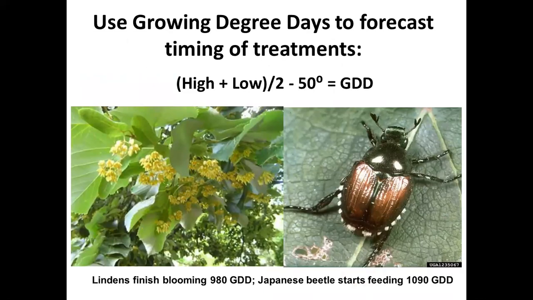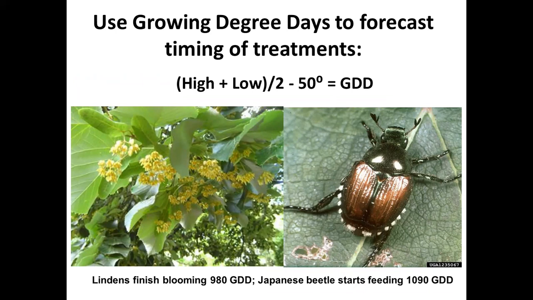And growing degree days, as I brought up, it's a formula where we're basically taking an average of the high and the low temperature for a given day. So the high plus the low, divide that by 2, and then the base temperature can vary, but the most common base temperature that we use is 50 degrees Fahrenheit.